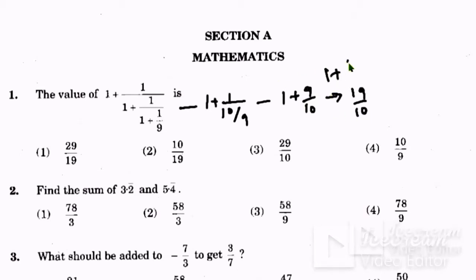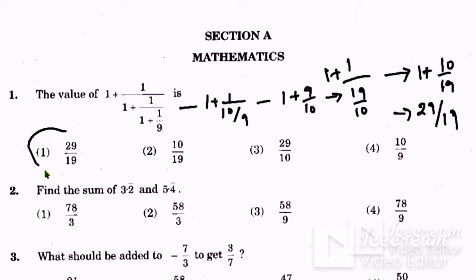And what you have, 1 plus 1 upon this. Now this will be converted to 1 plus 10 upon 19. So 19 ones are 19 plus 10, 29 upon 19. So you have the answer A, that is 29 by 19. I hope you understand this trick, how to solve this very quickly.